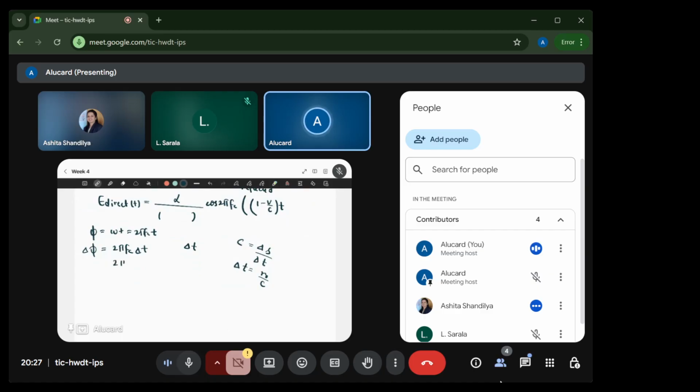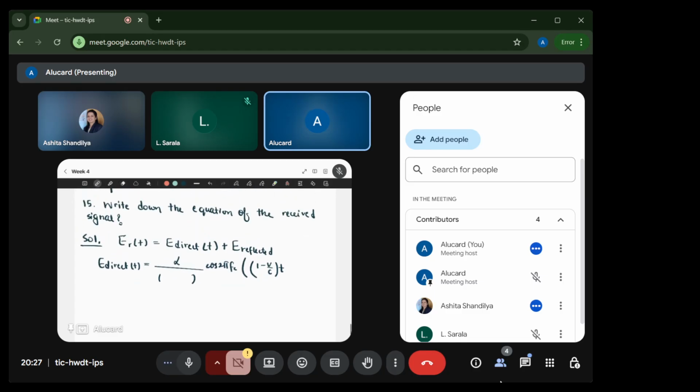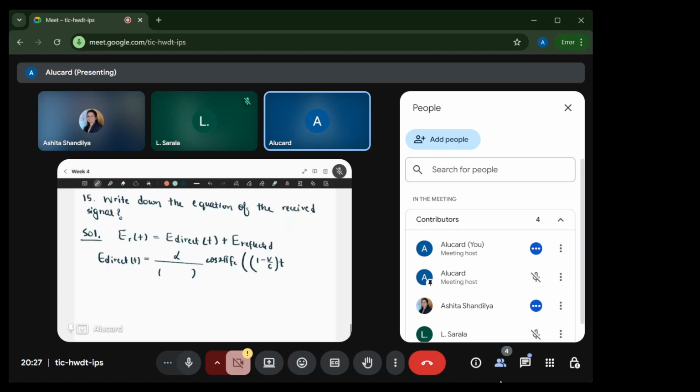So you have this component 2 pi fc into R0 over c, which is the change in phase due to the initial distance between the receiver and transmitter. So that component is 2 pi fc into, for the direct radiation, R0 over c.